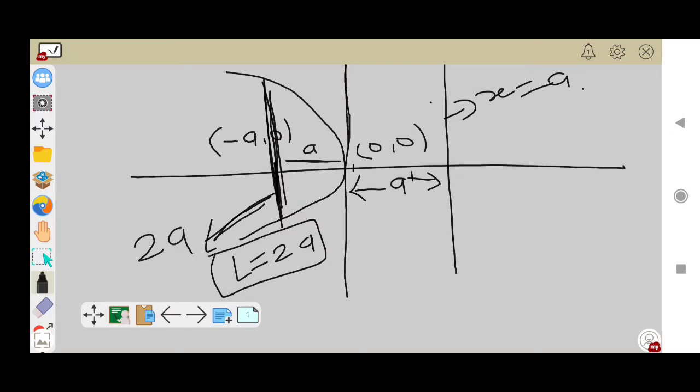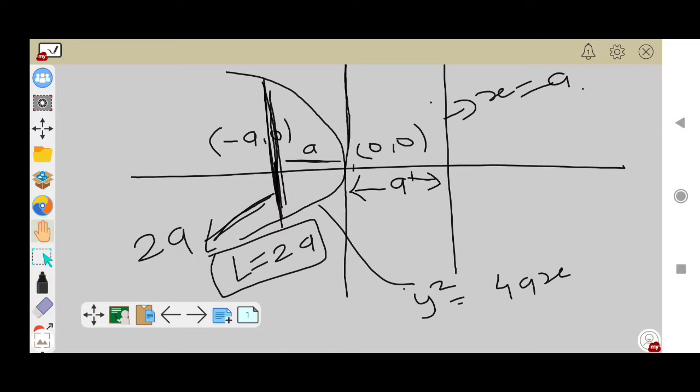This is third equation. Okay, fourth equation. Let me write fourth type of parabola. This is y-axis, this is again x-axis. Here what will be the coordinate of focus? 0 comma minus a.